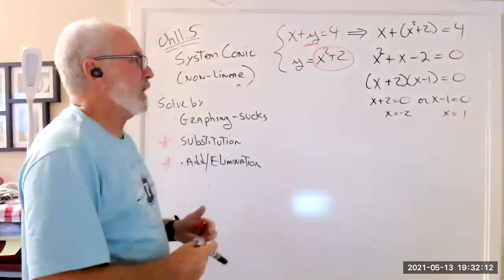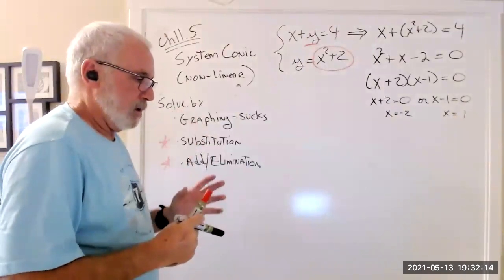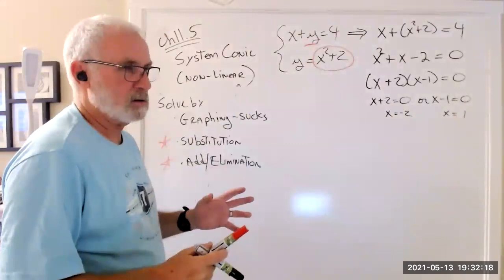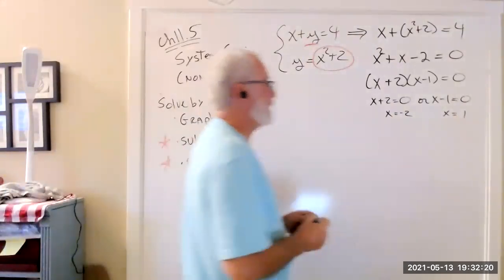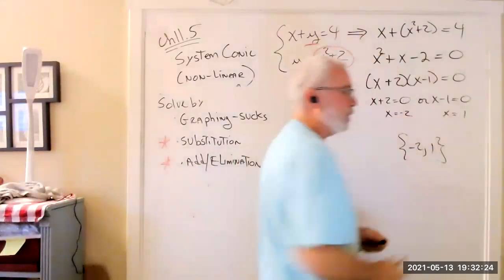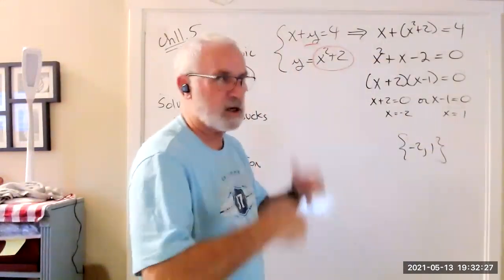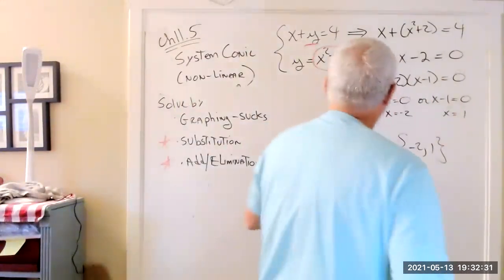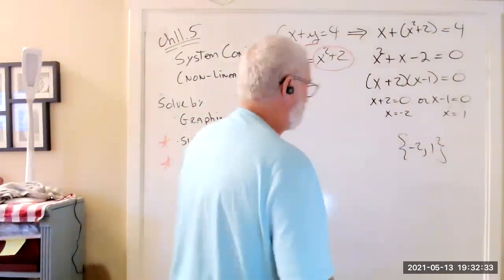I hope you guys are all awake. Students at this point quit. They go, well, the answer is negative 2 and 1. Solution set negative 2 and 1, because Foster wants those solution set things. Totally wrong. Go back and think of a picture.